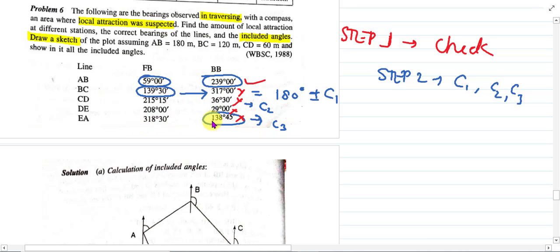Just going with row number 3 and row number 4, line DE.